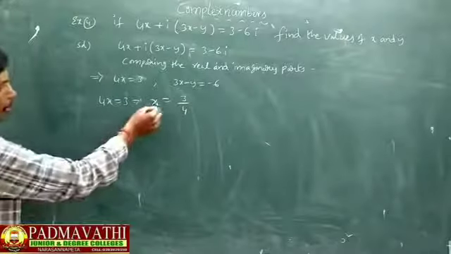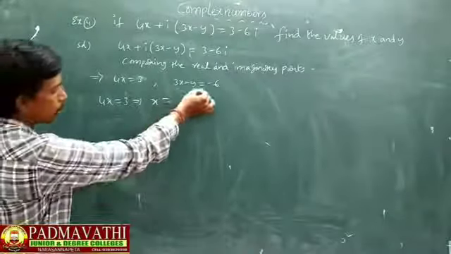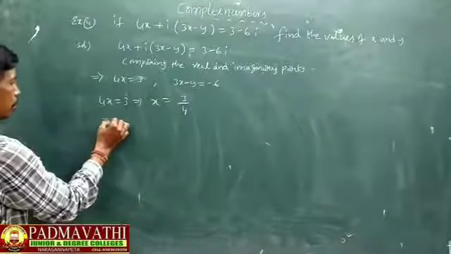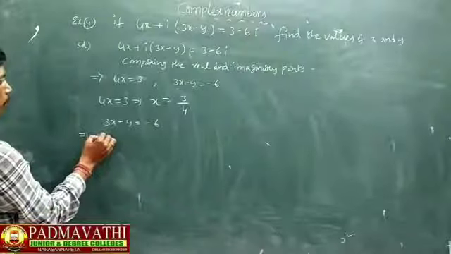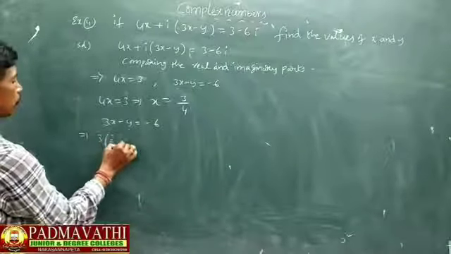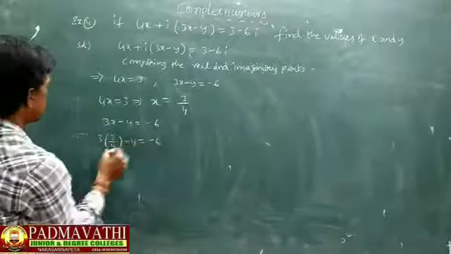We substitute the x value in the other equation. 3x minus y equal to minus 6 implies 3 by 4 times 3 minus y equal to minus 6.